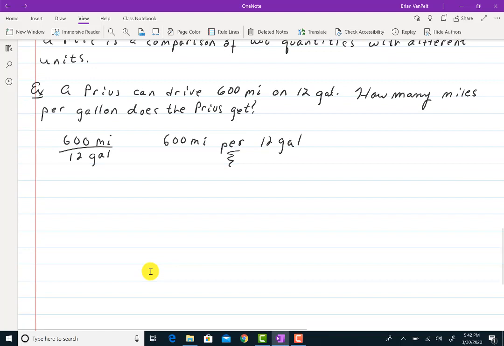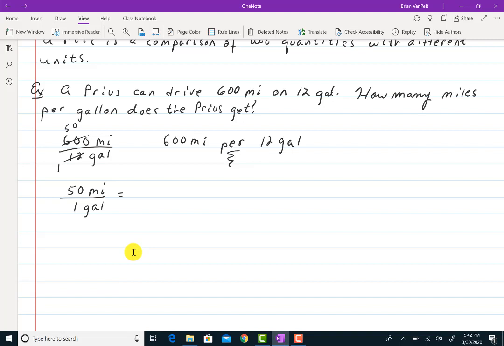So anyways, to simplify, I can't cancel the miles or the gallon. They're going to be there for the rest of the problem. But I can cancel the 12 into 600. In fact, 12 goes into 12 once, and 12 goes into 600 50 times. So we end up with 50 miles divided by 1 gallon.